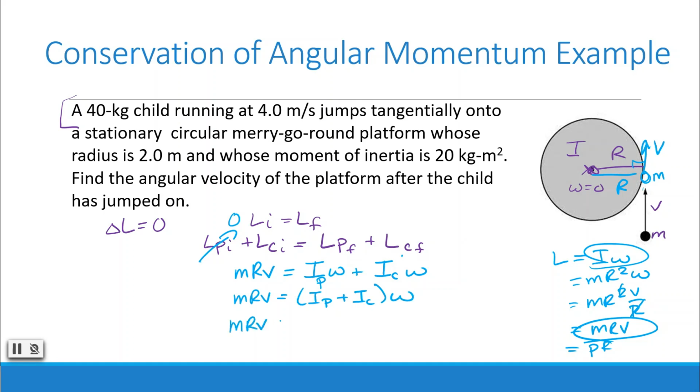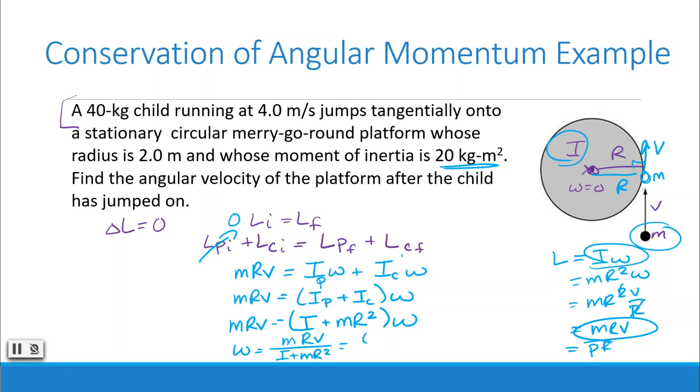I of the platform, I'm just calling I here because they give us that value. I of the kid is going to be m r squared. So omega is going to be m r v over I plus m r squared.